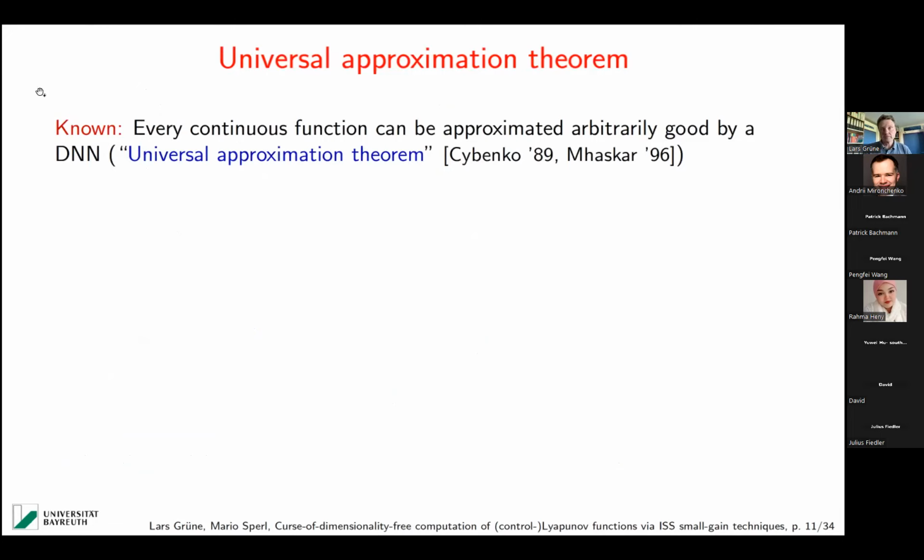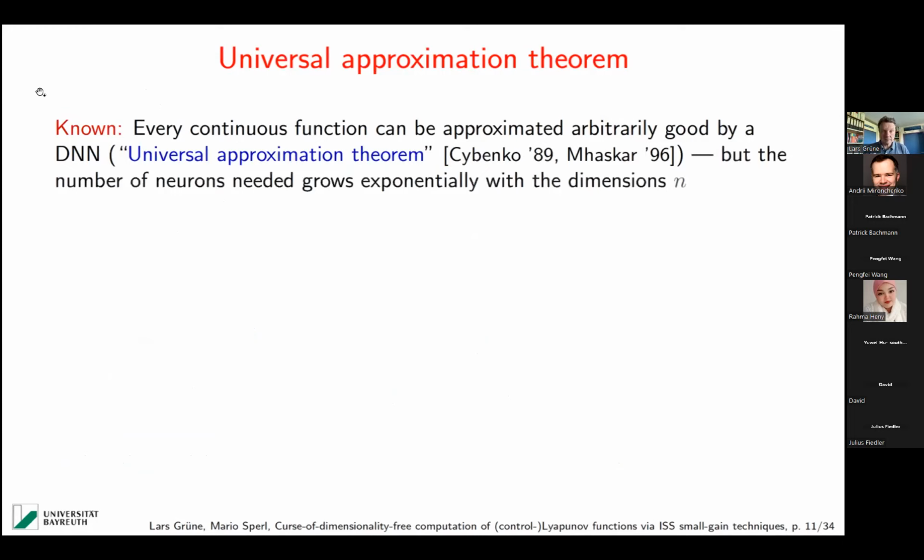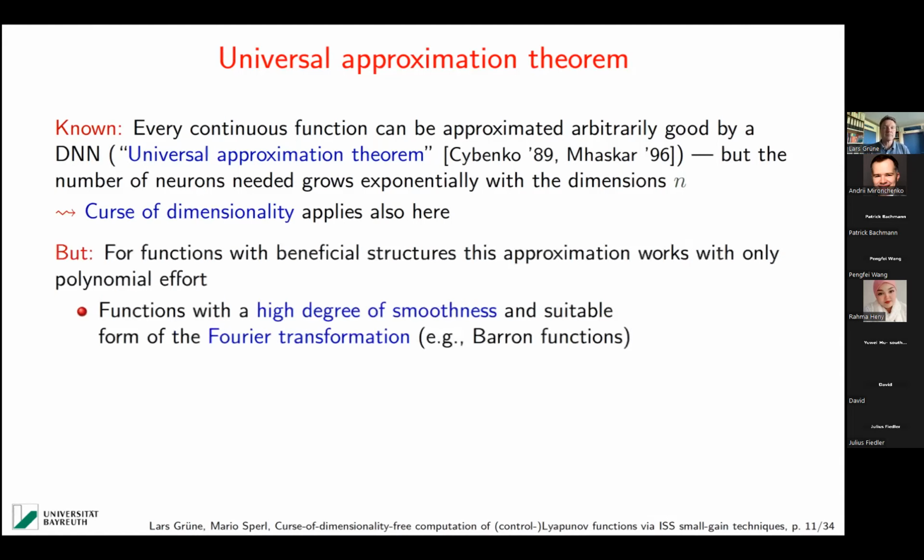That sounds great, but there's a problem, because what is also known, and this was also investigated in the 1990s already, is that the number of neurons that you need for that needs to grow exponentially with the dimension n. So just by using a neural network instead of something else, like a grid-based or interpolation-based or expansion-based method, you do not beat the curse of dimensionality. There's no way around that so simply.